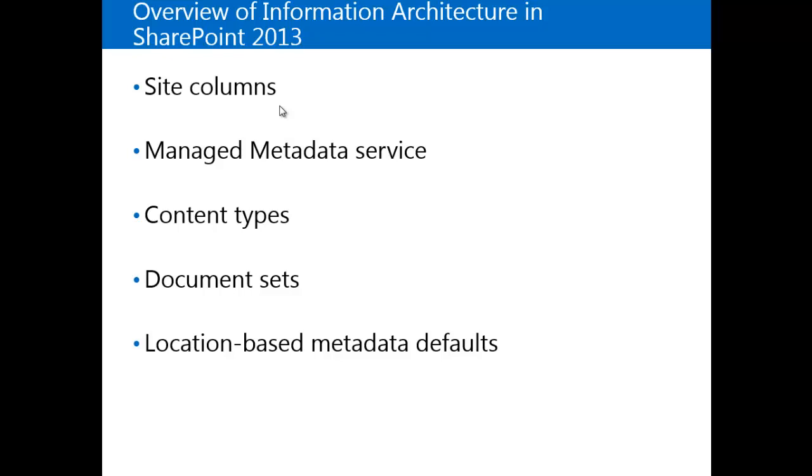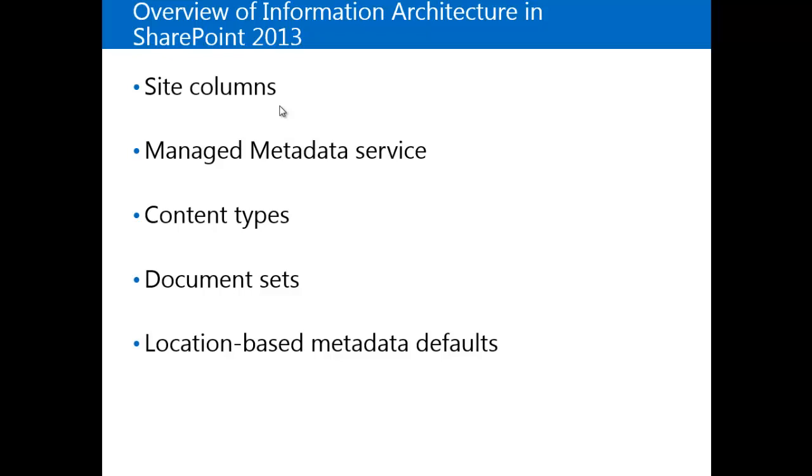However, you should note a site column can't be inherited from one site collection to another. Second, the managed metadata service enables you to create term sets to be used as metadata in lists and libraries. The third, content types. Use content types to define the type of an item or a document.